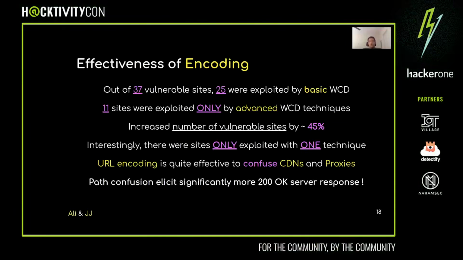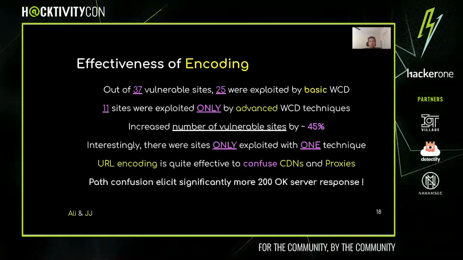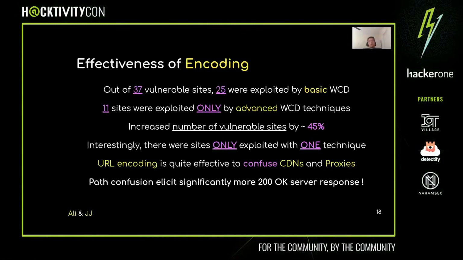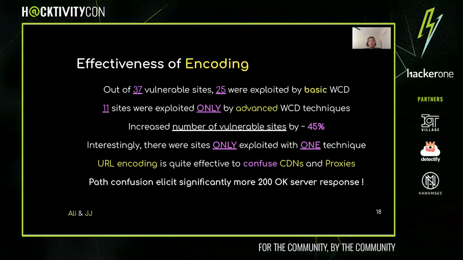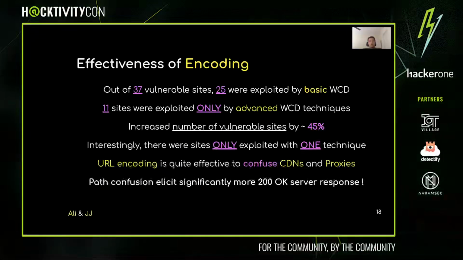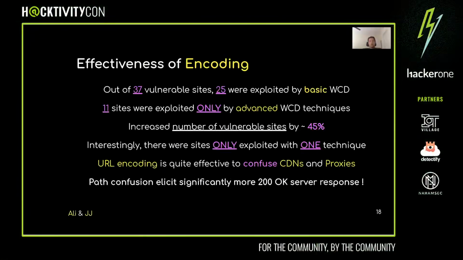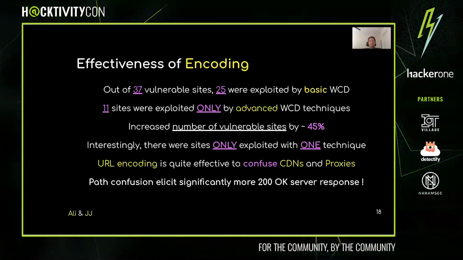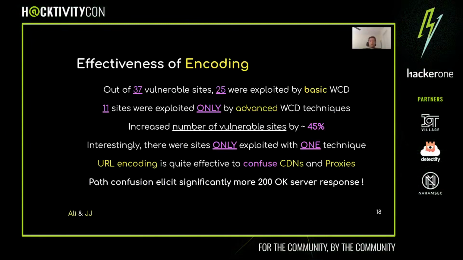All in all, the results we presented in this slide confirm our hypothesis that launching a web cache deception attack with variation on path confusion, as opposed to only using the originally proposed path parameter techniques, significantly increases the possibility of successful exploitation.